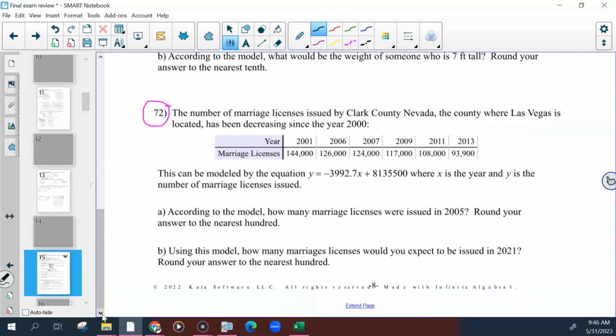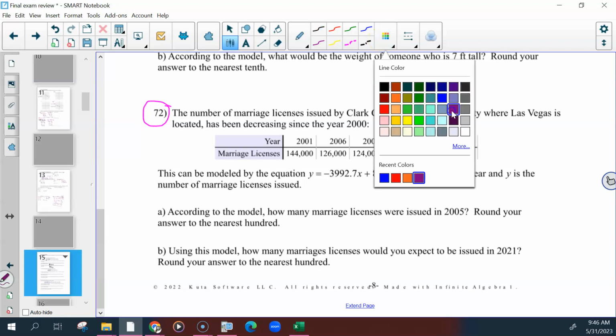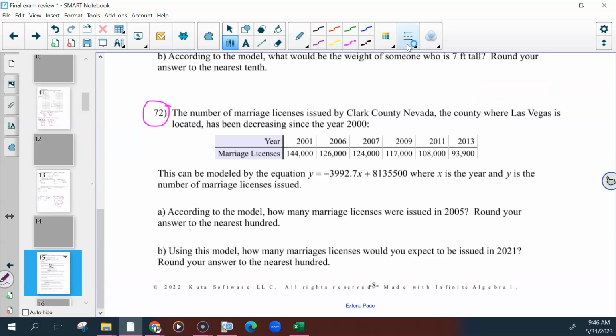Anytime you have years, you have to change them. Whatever the first year is, it's going to be 0. No matter what it says, it's always going to be 0. Every year after that is how many years has it been since the original. So starting at 2001 to 2006, 5 years have passed. Then not from these next two, but from the original still.